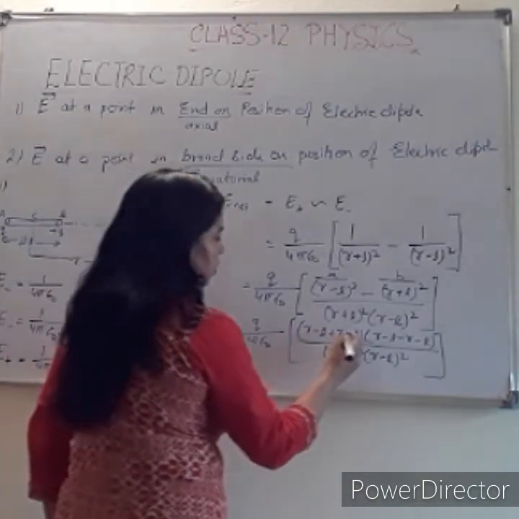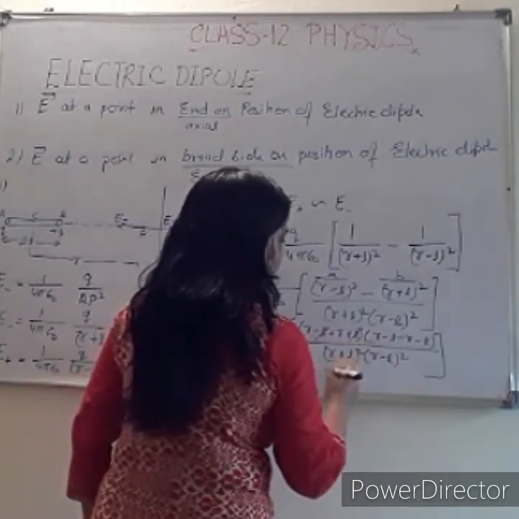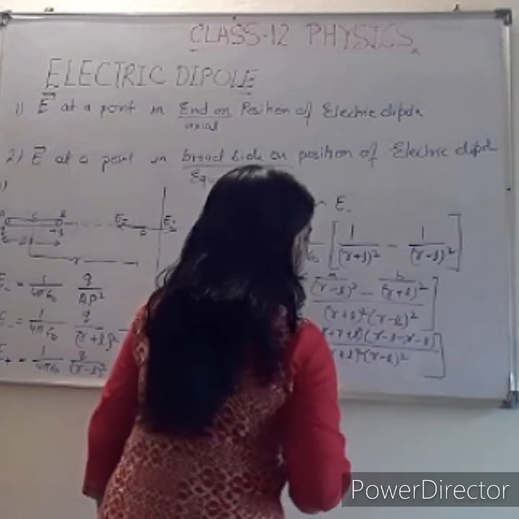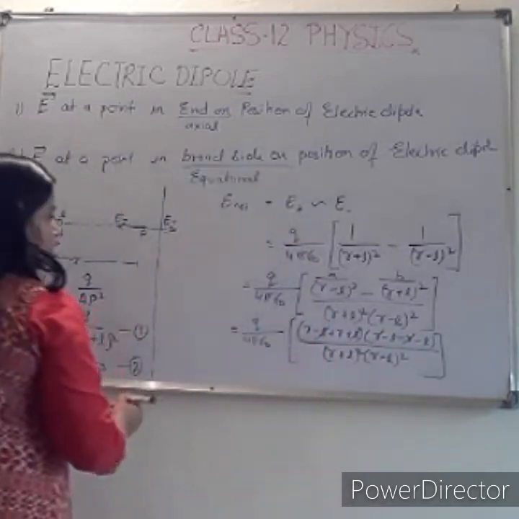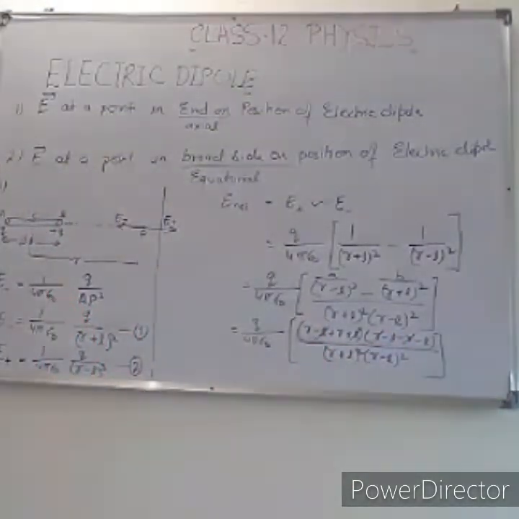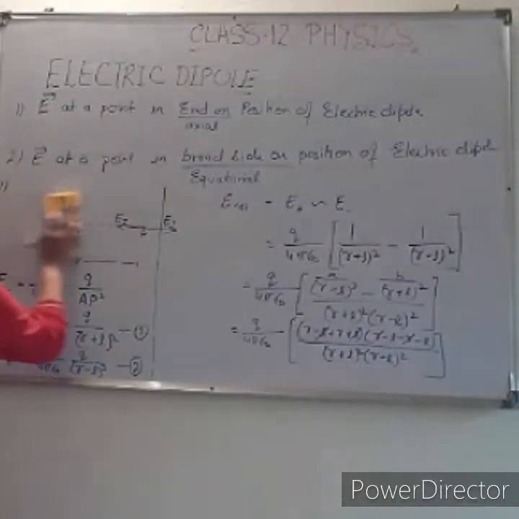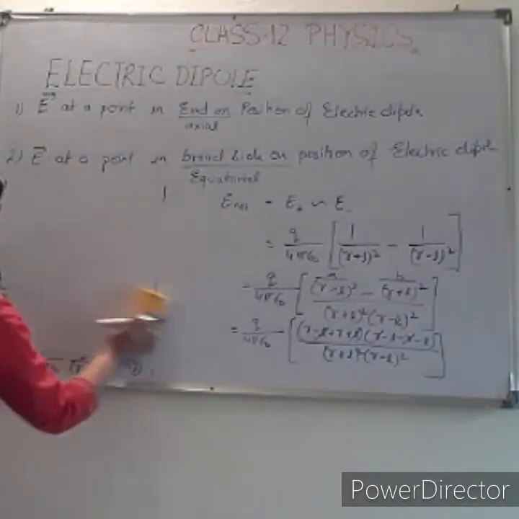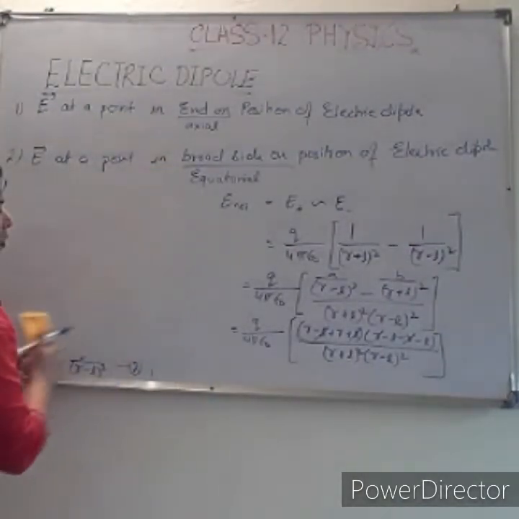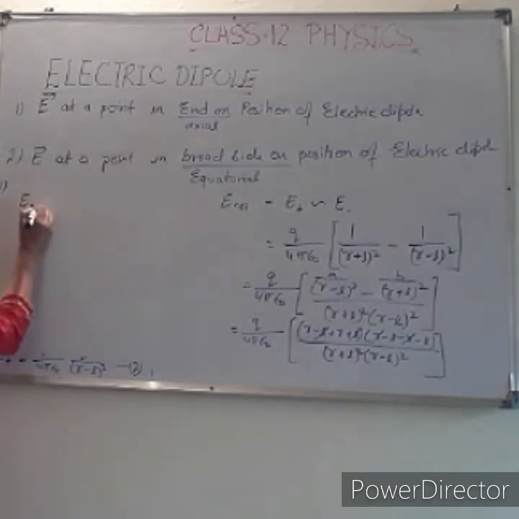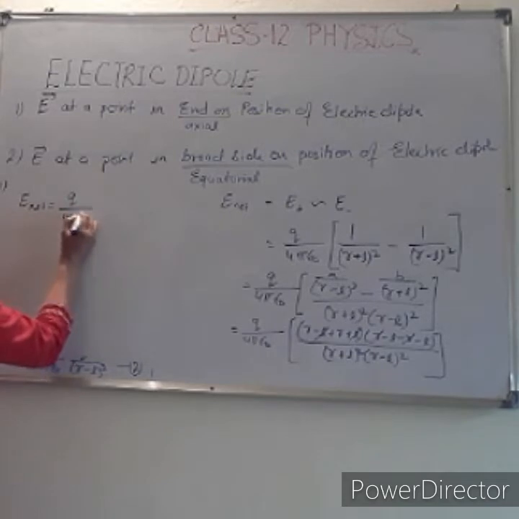Now you can solve these terms. Minus term will be cancelled out. Here these two terms will be cancelled out. We'll get the result E net, that is equal to Q divided by 4 pi epsilon naught.